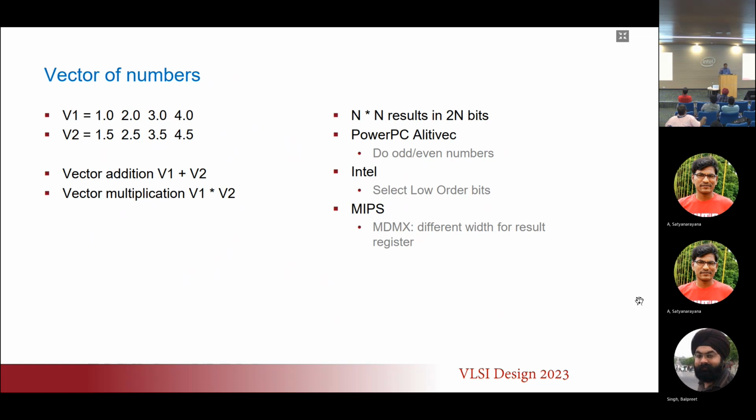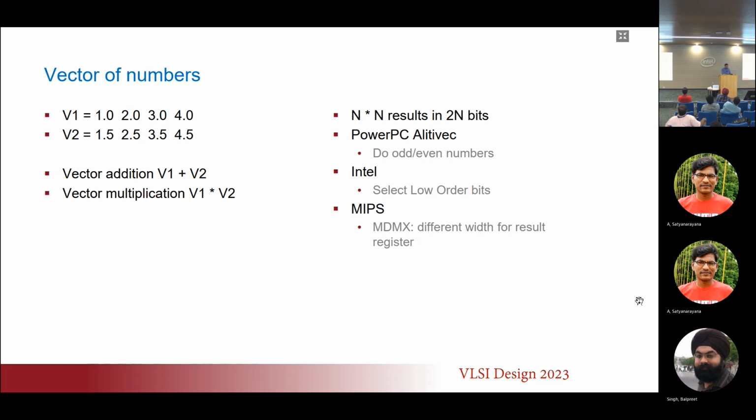Simply replace that instruction add with add vec. So I'm saying do a vector addition, and now I'm no longer working on one piece of data, but I'm working on a vector of a fixed length. In this particular example, suppose my vector V1 is 4 pieces of data, and vector V2 is 4 pieces of data.